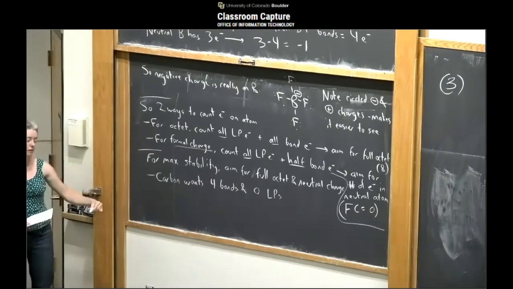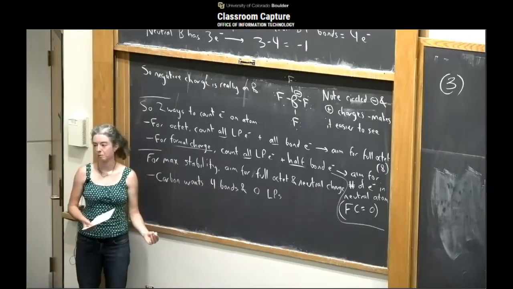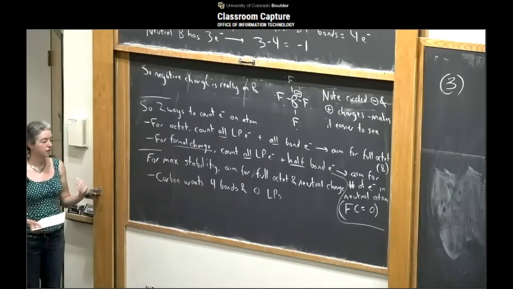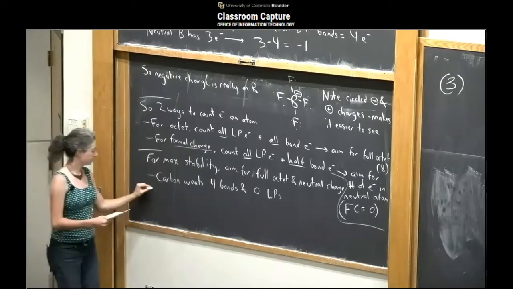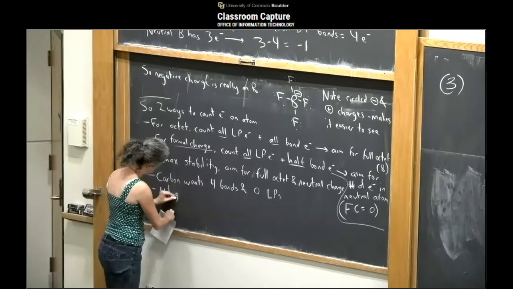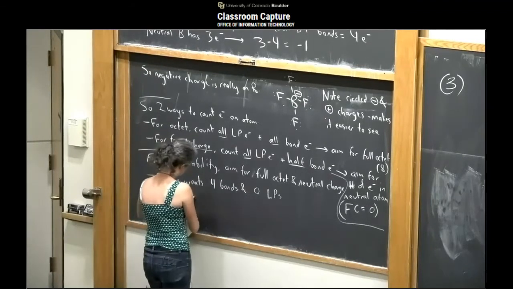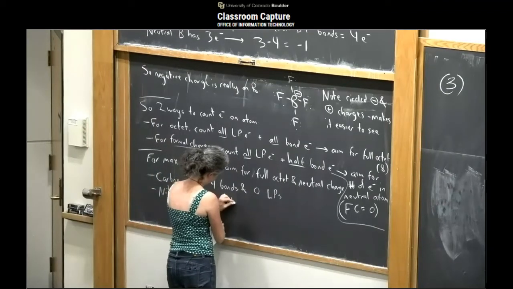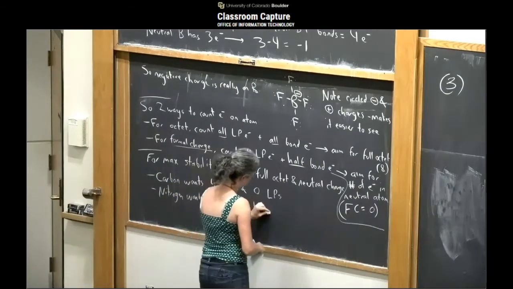It's also true even if some of those bonds are part of a double or triple bond, it still has 4 total bonds if it wants to satisfy its octet, and it has 0 lone pairs. Nitrogen wants 3 bonds and 1 lone pair.